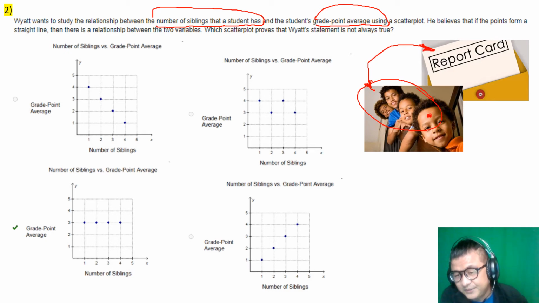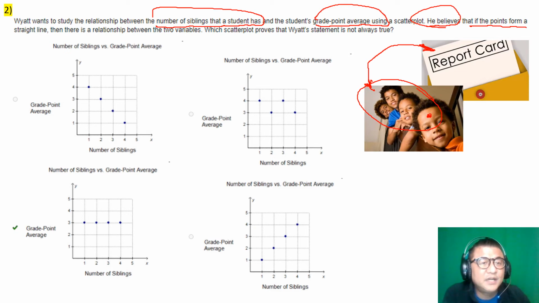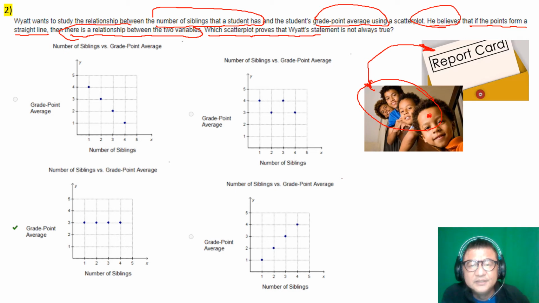Does it affect the grade? The fewer siblings you have, does it affect the grade? He believed that if the points form a straight line, then there is a relationship between the two variables. Which scatter plot proves that Wyatt's statement is not always true?